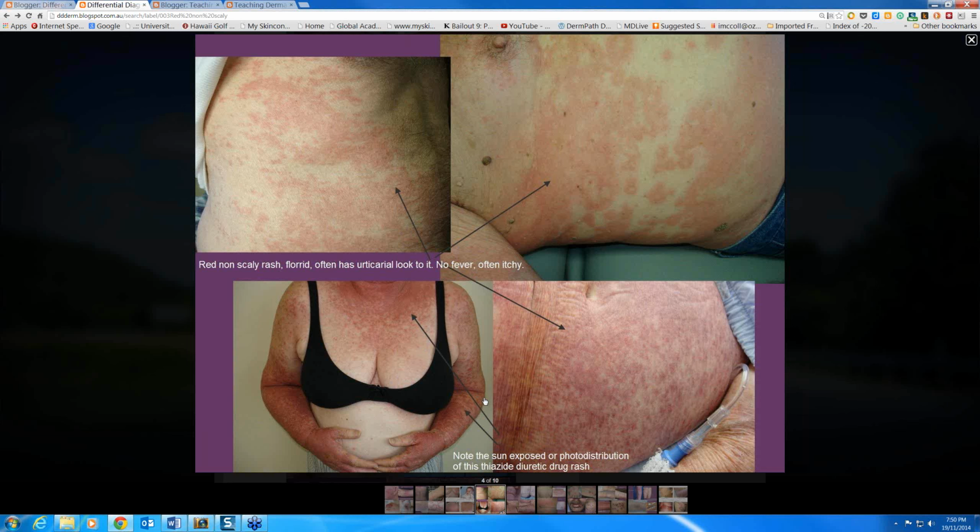Some rashes, drug rashes, may be photolocalized. Look at this. Look at the accentuation in the V of the neck and the lower parts of the arm here. If she flicked her arm out there, you'd probably see that the inside of the arm isn't really involved to any extent. You can see how clear the chest is, the abdomen is, and the lower parts of the chest.